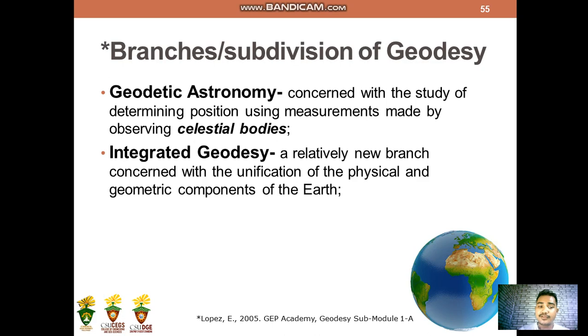We also have integrated geodesy, a relatively new branch concerned with the unification of the physical and geometric components of the Earth. So integrated geodesy combines geometric and physical geodesy.